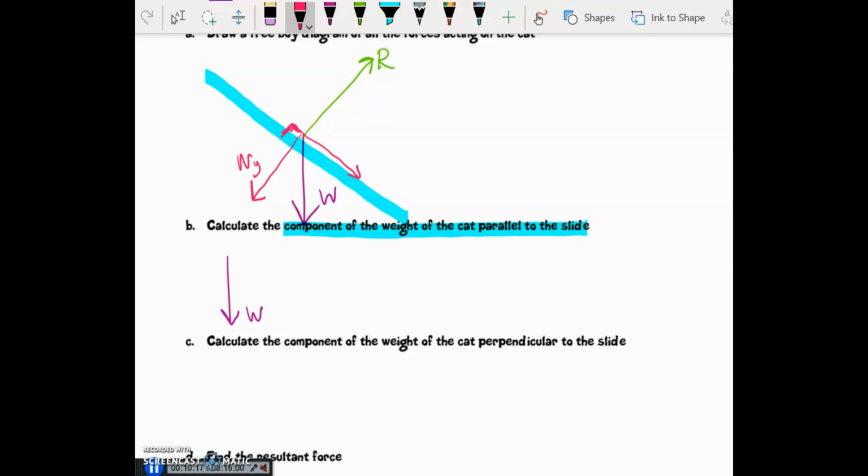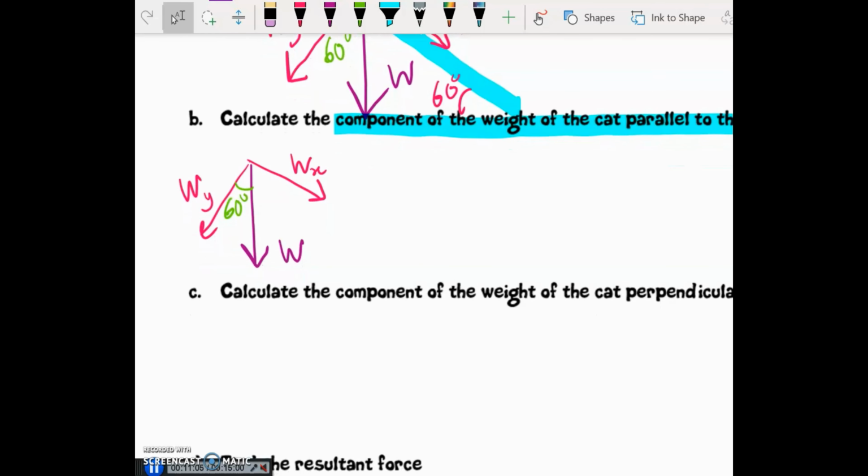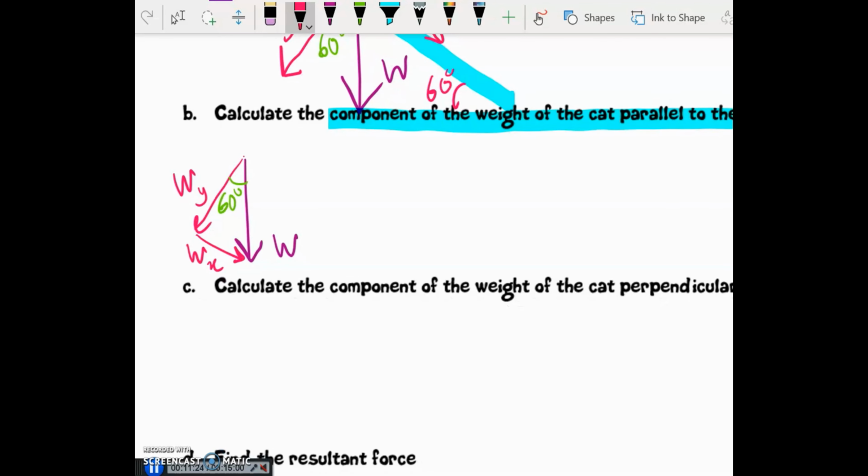So you can use triangle force method, which you can move the vector to form a right angle triangle, which I will do here. I'm going to move the vector wx to form a right angle triangle. Okay, so that is wx.